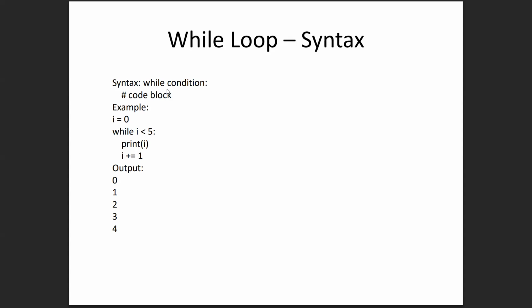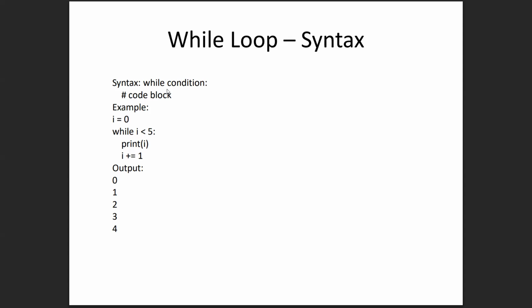In the for loop, I mention all the variables in a single line, but in the while loop, we use the variable in different lines. So here I am mentioning i equal to 0. After that, i less than 5. Here I mentioned the condition i less than 5. Whenever the condition is false, it will come out of the loop. So i equal to 0, while i less than 5, print i. After that we are doing the incrementing.